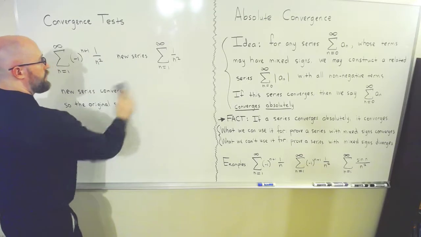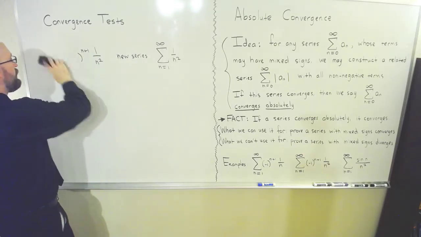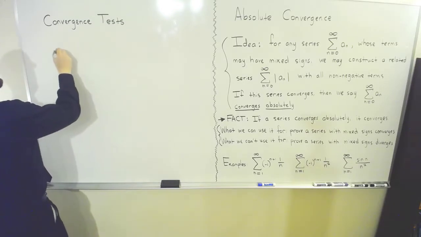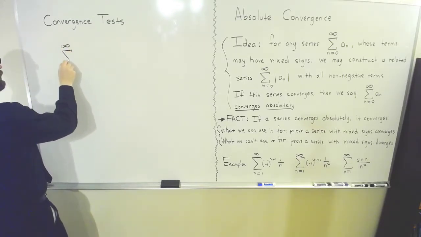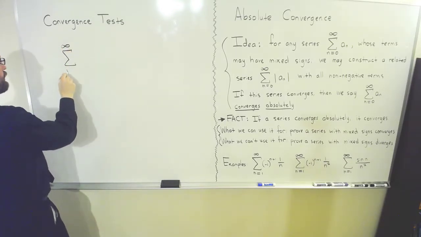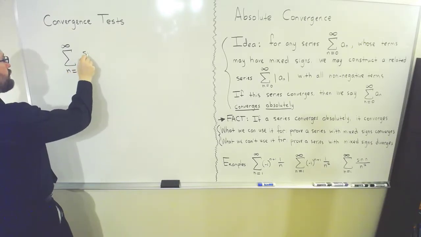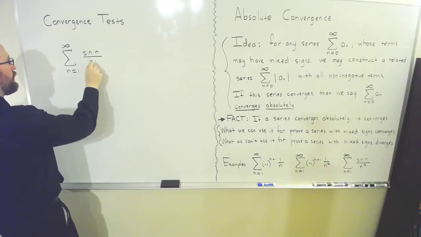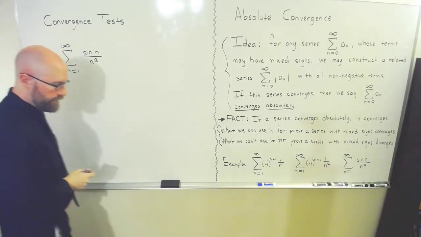Now let's do another example, and hopefully this example will impress you a little bit more. This is kind of a funny looking series. Now I've got, instead of a 1 in the numerator, a sine of n over n squared.